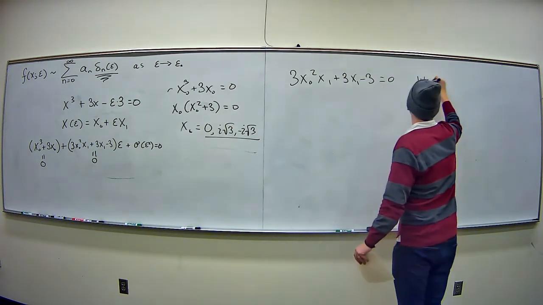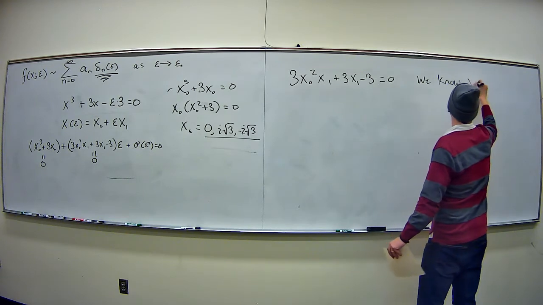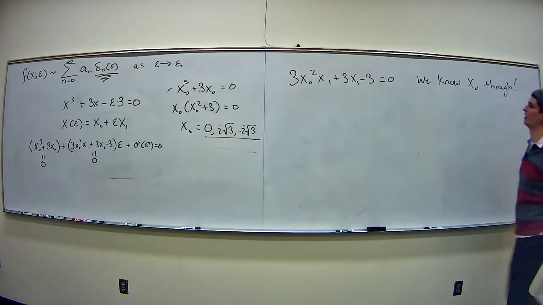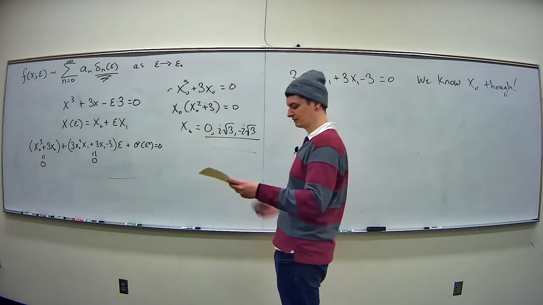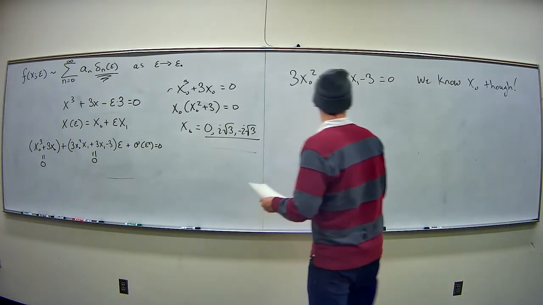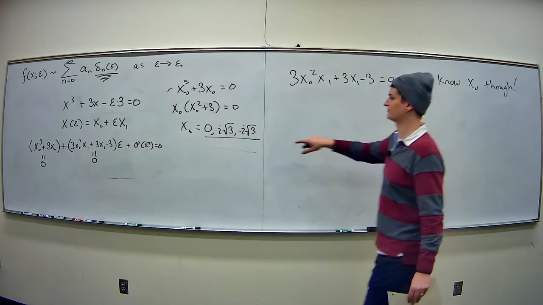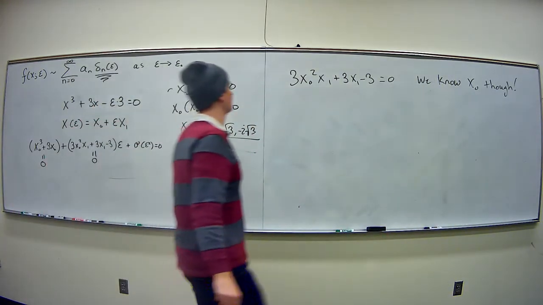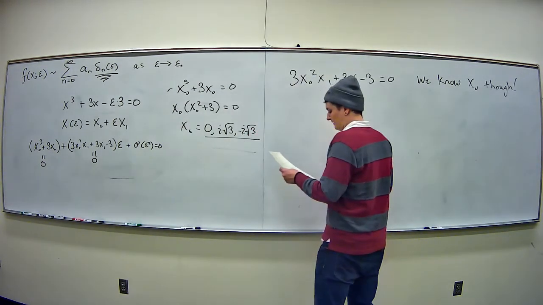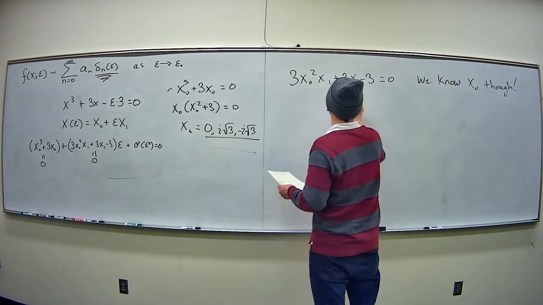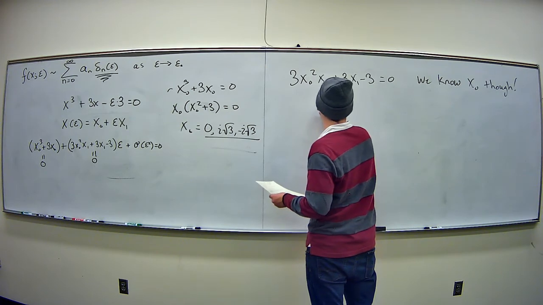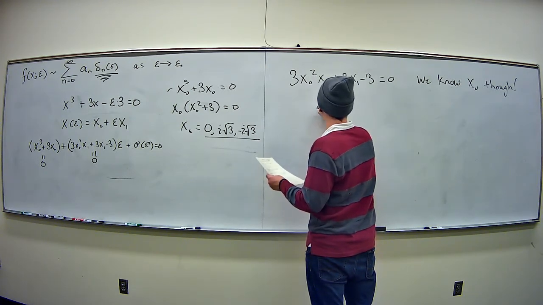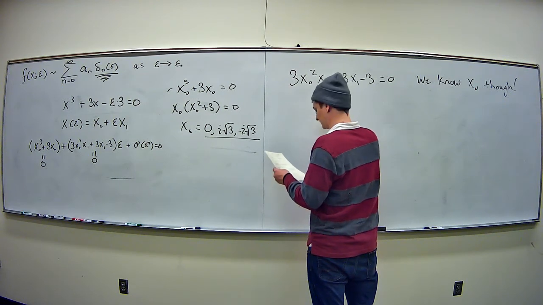Okay, we know the x naught, though. Do I have that right? And we know x naught, because we already found it from this equation right here. Then you just solve more stuff. Right here.